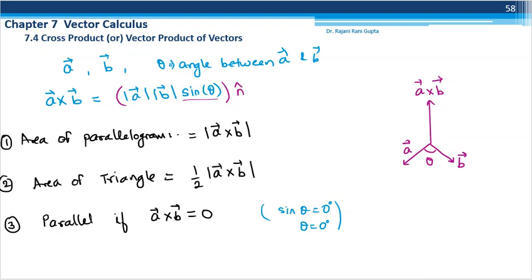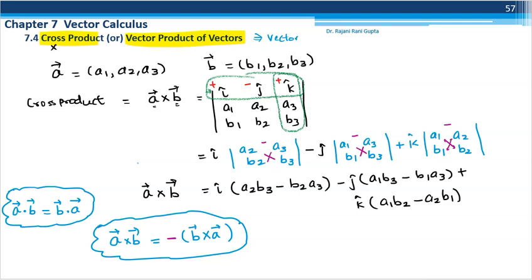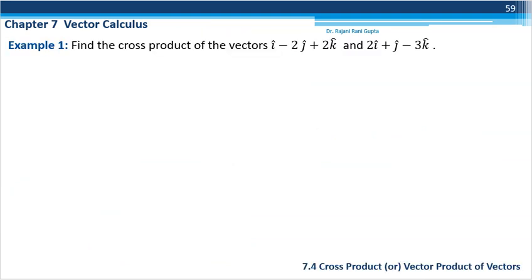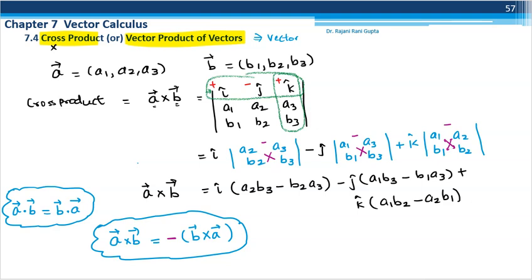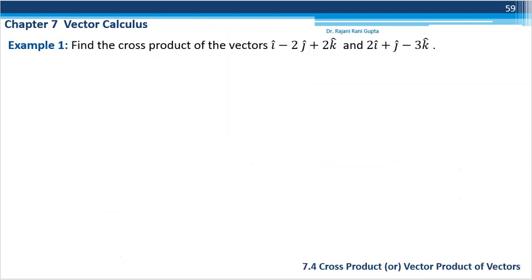So let's practice these things with the help of these two definitions of vector product. Now here the vectors are given to you. They didn't involve the angle. So it means you have to use this definition of finding the cross product. Let's name our first vector as A bar, which is i minus 2j plus 2k, and vector B as 2i plus j minus 3k.